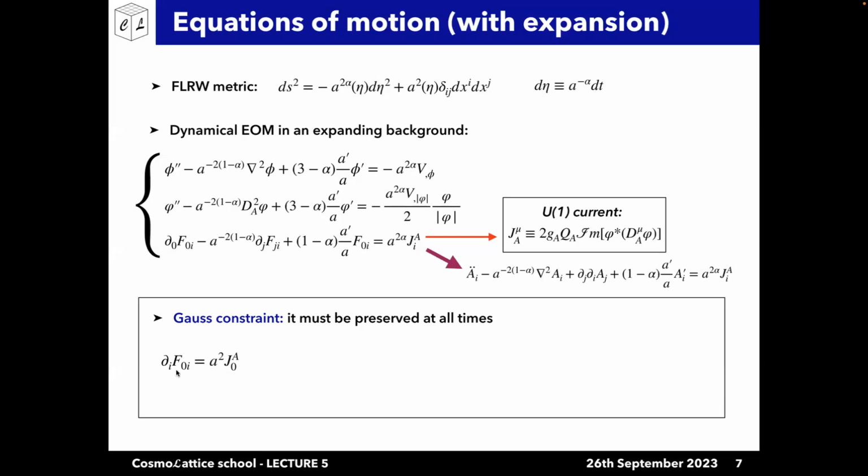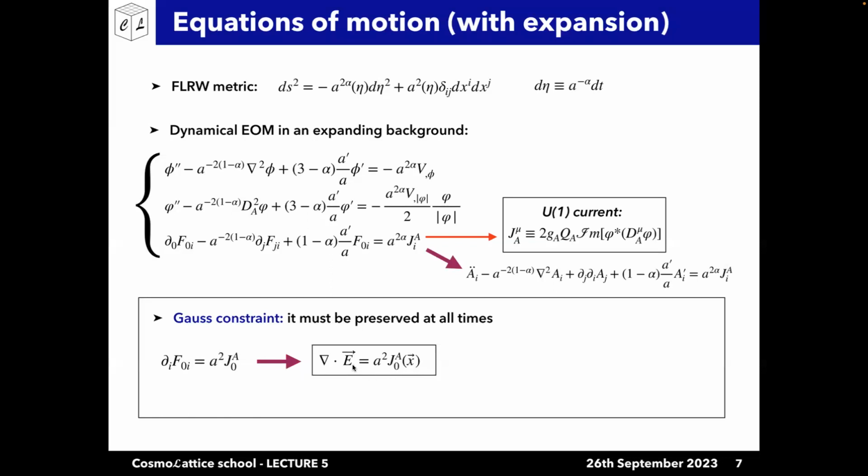So what does this mean? Remember that F_0i is the electric field, so we can write the left-hand side as the divergence of the electric field. And this is equal to the zero component of the current.